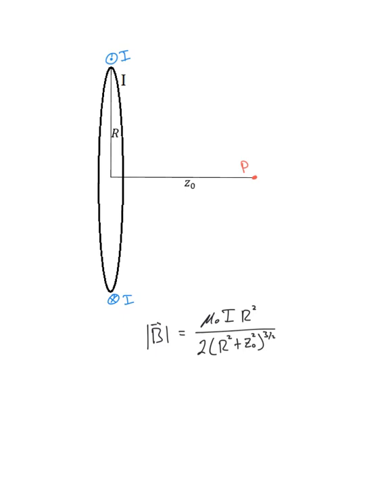So what this video is going to be about is finding the direction of the magnetic field at point P, since given some I, R, and z naught, we can find the magnitude already. In this loop, we are assuming that the current at the top of the loop is coming out of the board at us, and the current at the bottom of the loop is going into the board away from us.